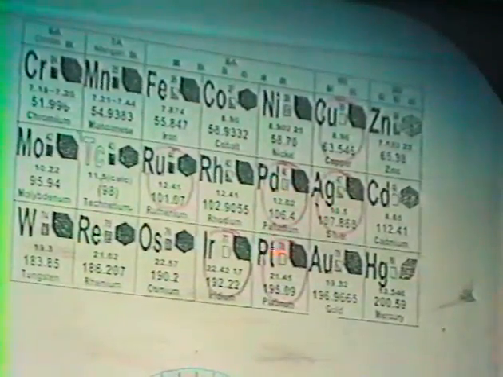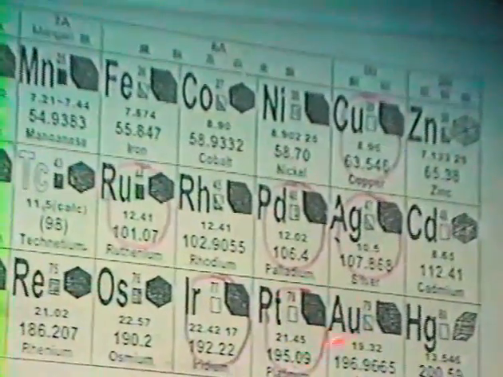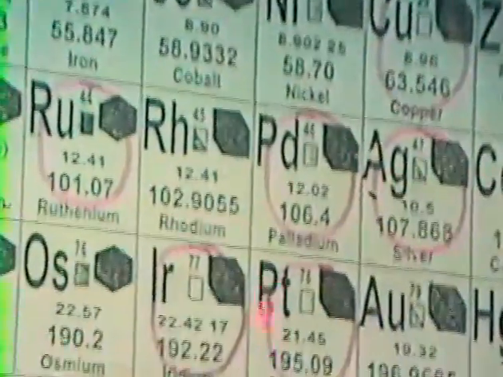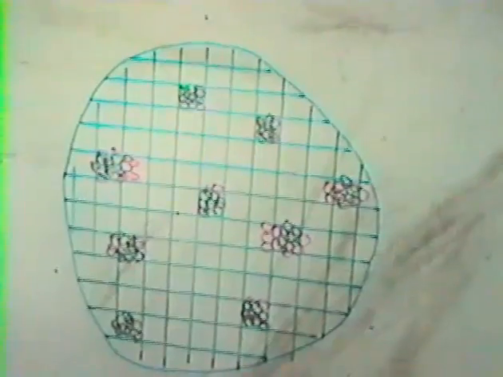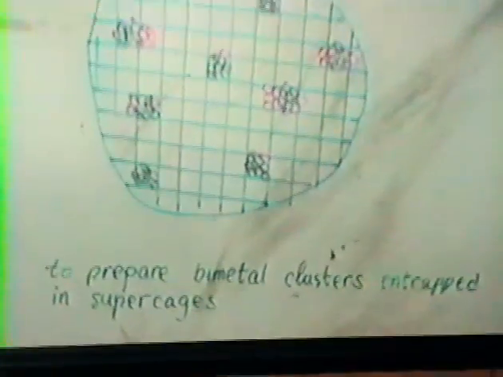So we focused on platinum, and then we tried to prepare this pair, bimetallic catalyst, this, and also this, and this. So there are about 10 different pairs of bimetallic catalysts here.